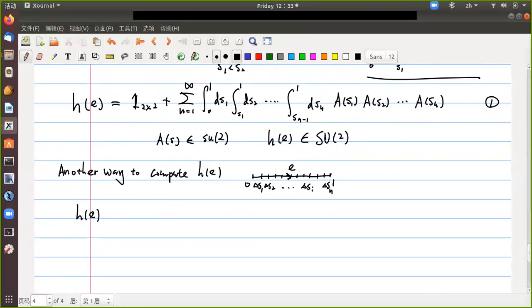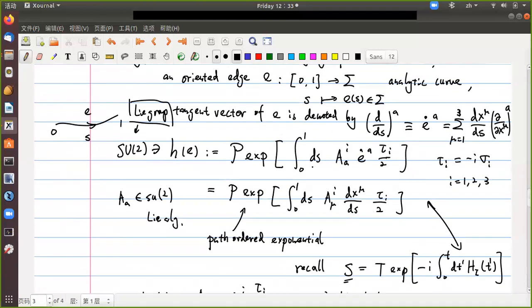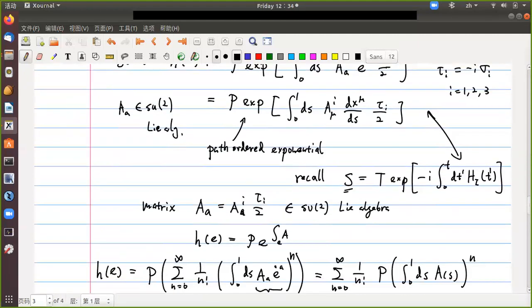In each infinitesimal piece, you can approximately ignore the problem of non-commutativity of the matrices, because in each piece you can linearize the holonomy, since holonomy is an exponential. When the curve is infinitesimally small, the exponent is very small, so you can linearize this exponential, and you don't need to take into account the path ordering, at least approximately.